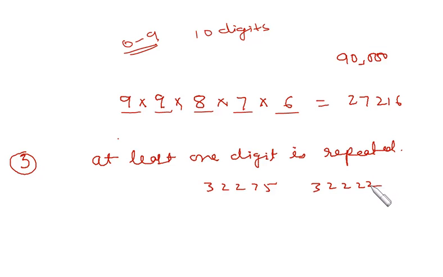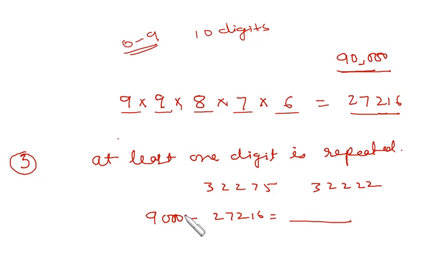Now, how do we approach this problem? See, in all, how many 5-digit numbers do we have? 90,000, right? Now we have 90,000 5-digit numbers, and we have 27216 5-digit numbers when there is no repetition at all. That means in the difference, that is 90,000 minus 27216, the remaining numbers will have at least one repetition, right?